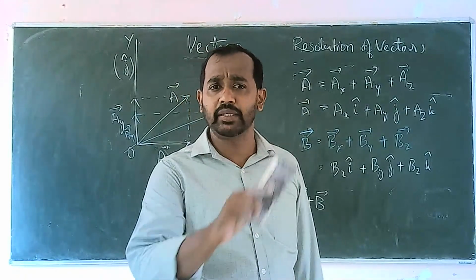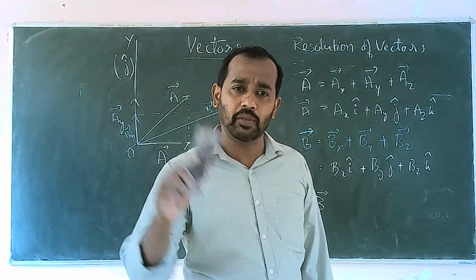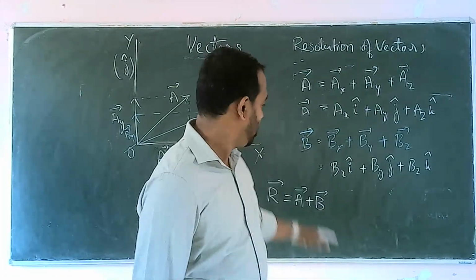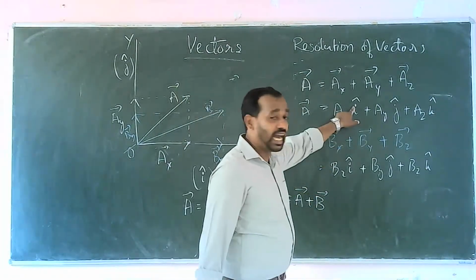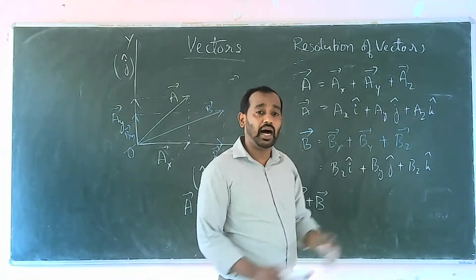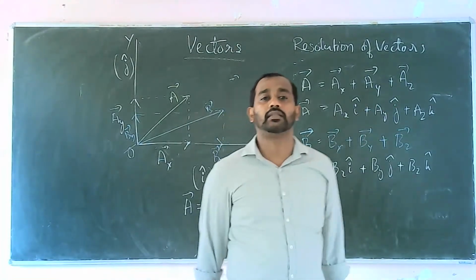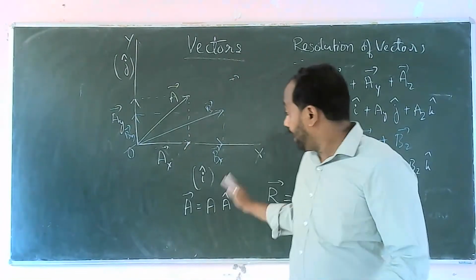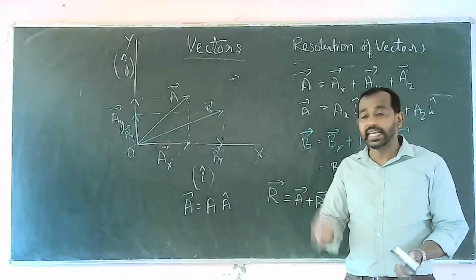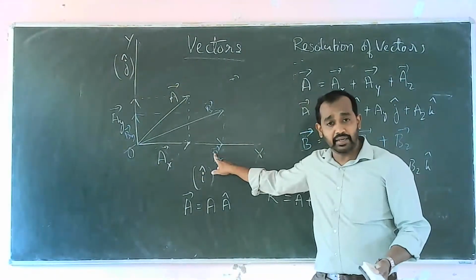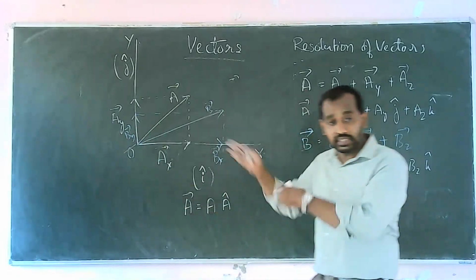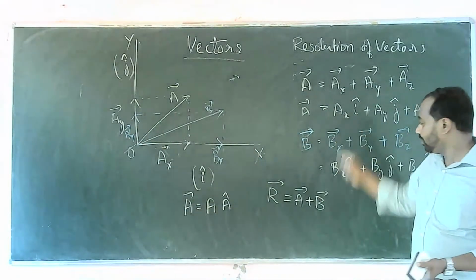Similarly Ax, Ay, Az, Bx, By, Bz are numbers. But these i cap, j cap, k cap are directions. Only vectors along the same direction can be added. These two can be added, but Ax and Ay cannot be added directly.